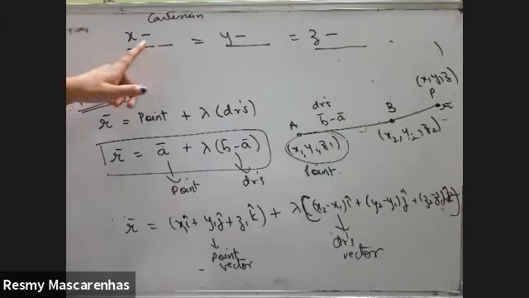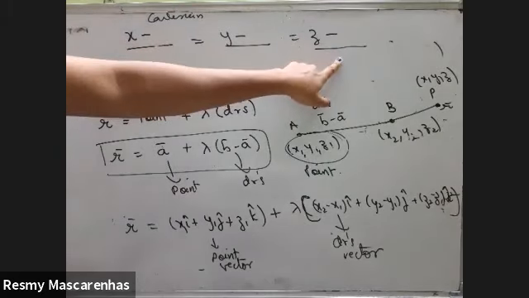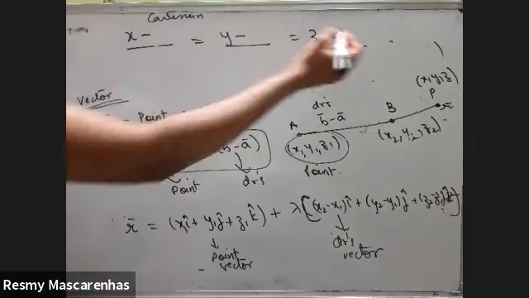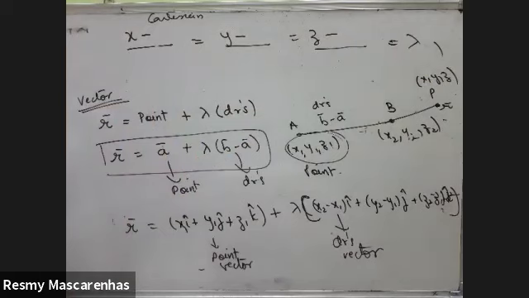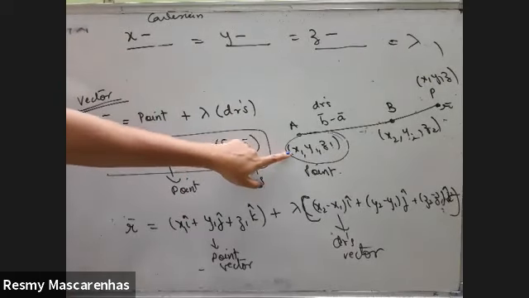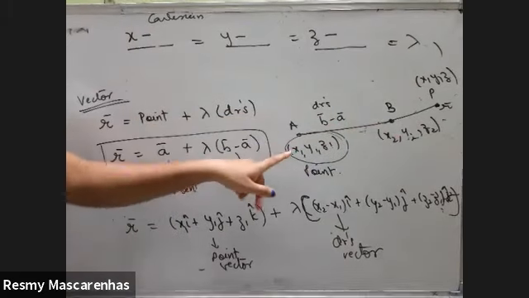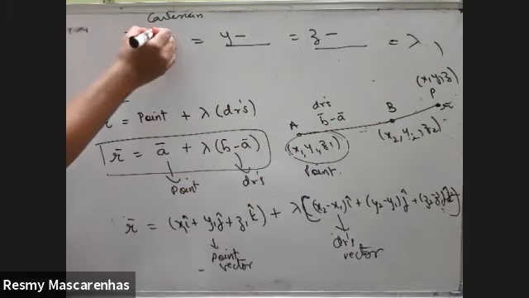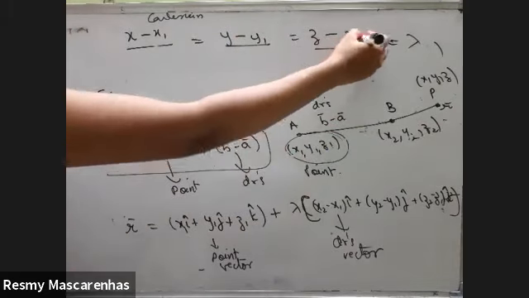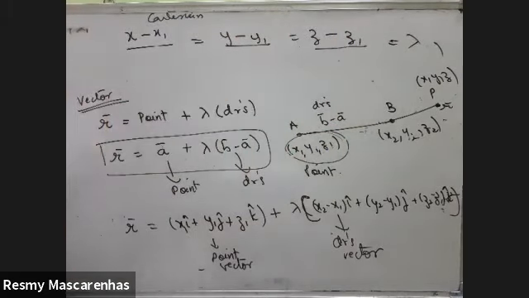I told you, this denominator always will be the direction ratio. Numerator will always be the point. This you can write as lambda. Now, what is the point? This point. First point we have to take always, not the second. First point. So which is the point? X1, Y1, Z1.